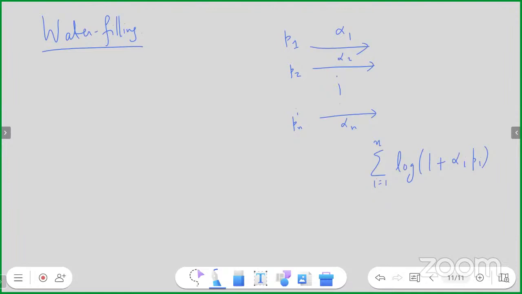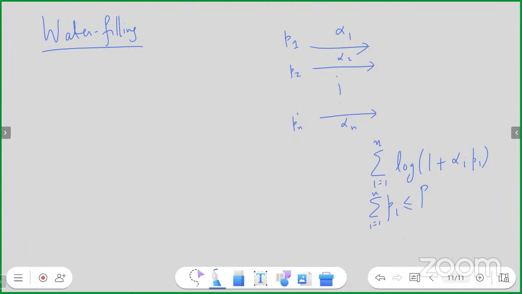These communication channels have respective gains alpha 1, alpha 2, and so on. You have a total power constraint, sum of p_i less than or equal to capital P, that you can spend over all these n channels. If you spend power P1 on the first channel, the resulting utility is log of 1 plus alpha 1 P1. Similarly, log of 1 plus alpha 2 P2. And your resource is less than or equal to P.